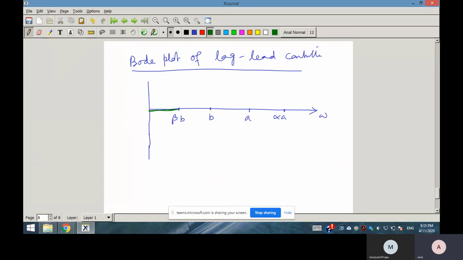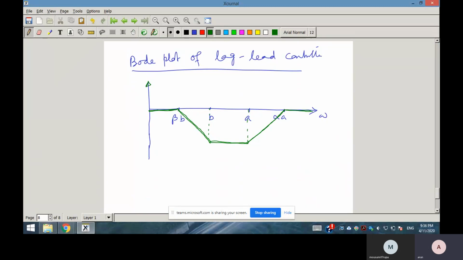Why the lag part is first is very important, that we will see. Then it will be flat, and then again plus 20 dB per decade. So this is the asymptotic Bode magnitude plot of the lag-lead controller.